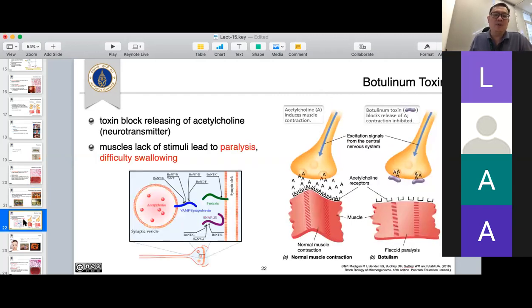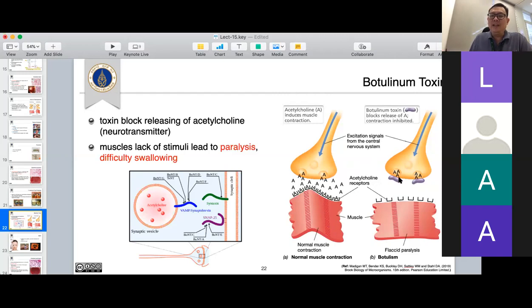The toxin produced by this bacteria is called botulinum toxin. Botulinum toxin is also a neurotoxin, like tetanus, because it acts at the axon. This is a motor neuron, the same as in the previous picture. The motor neuron releases acetylcholine to activate the muscle and get contraction.